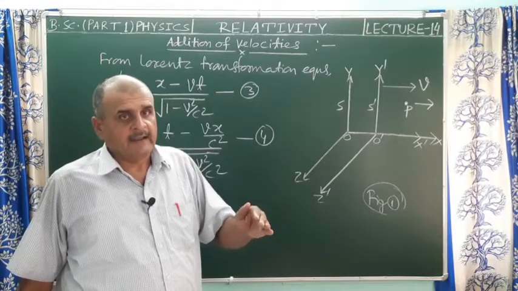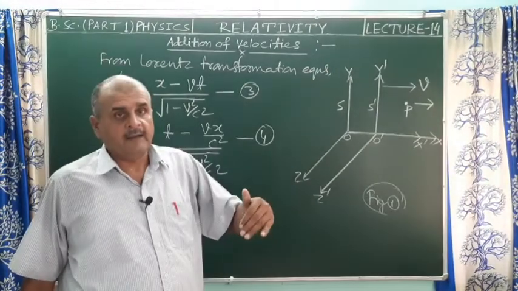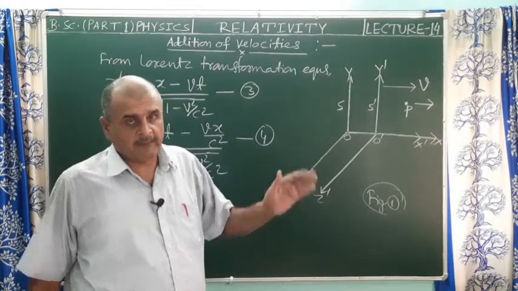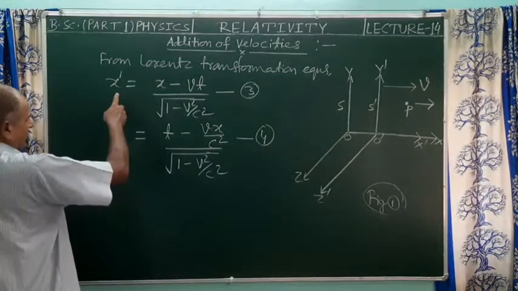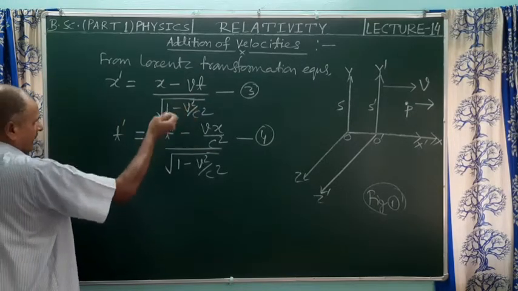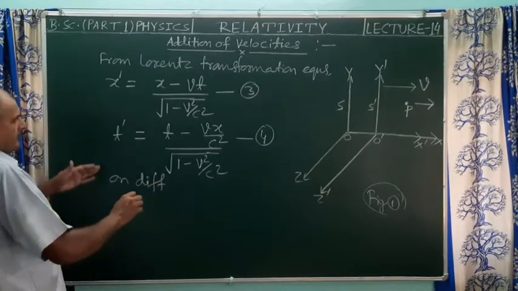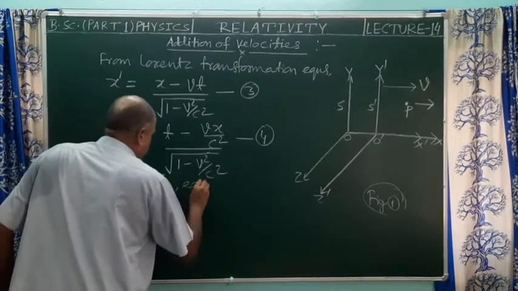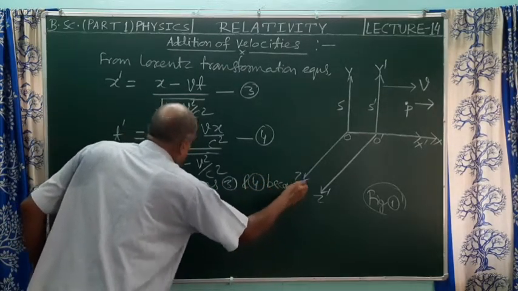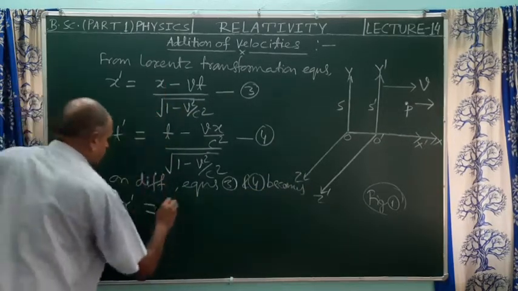and u, that is dx upon dt, the velocity of the object as measured by the observer in frame S. Now differentiating equations 3 and 4, they become: x dash differentiates to dx dash, and x to dx.